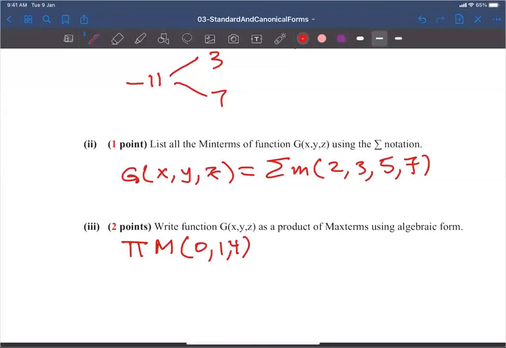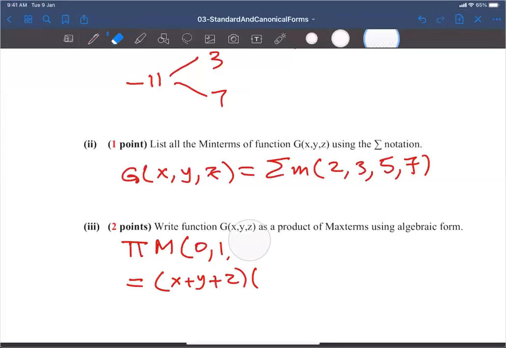0, 1, 4. So the 0 is going to be X or Y or Z. And then 0, 1, 0, 0, 1. The 6 is missing here. Yeah, 6 is missing. Excellent. You have 6 as well.